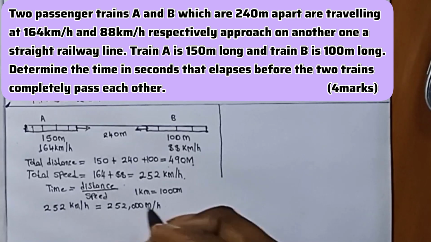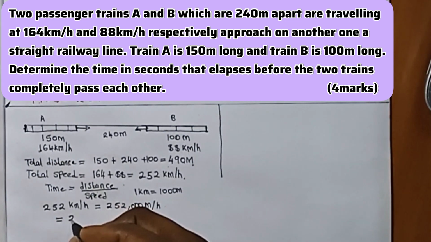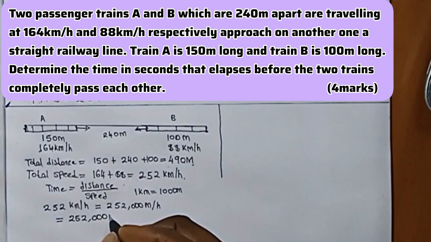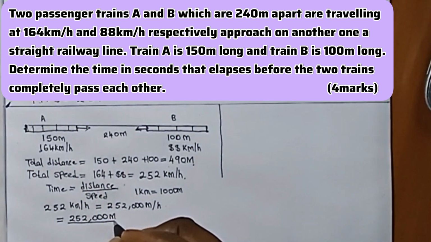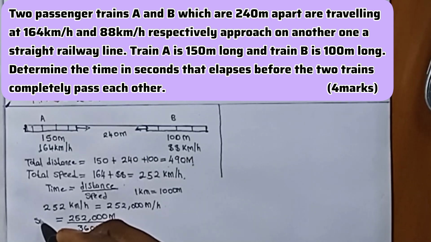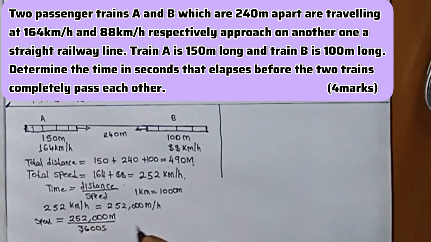So this is the same as 252,000 meters per 3600 seconds. So this is the speed in seconds.